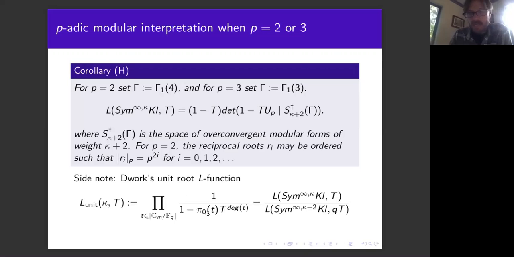You don't take any of the other roots of the family, just the unit root version. Then it's not hard to show that you get this equality right here, just from the definitions of these infinite symmetric powers. So this equality just follows from definition.